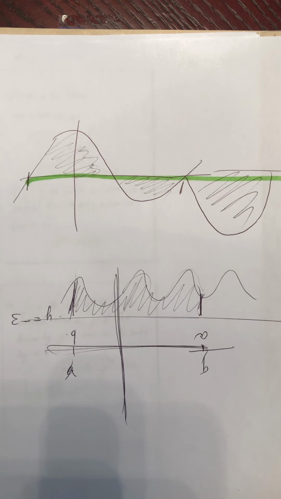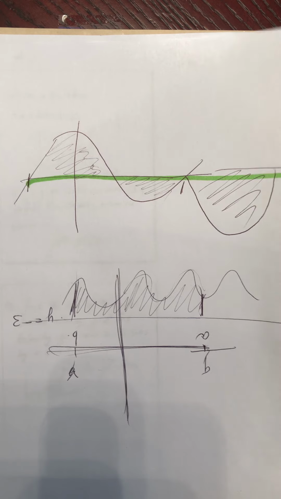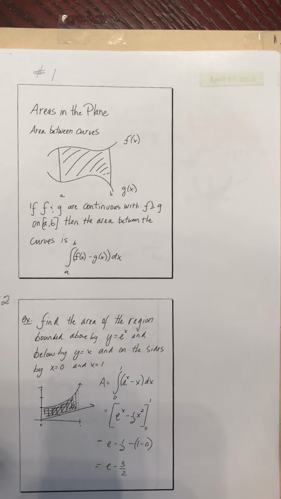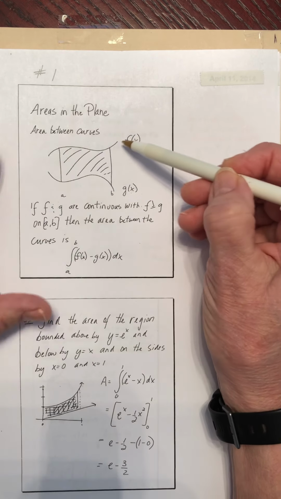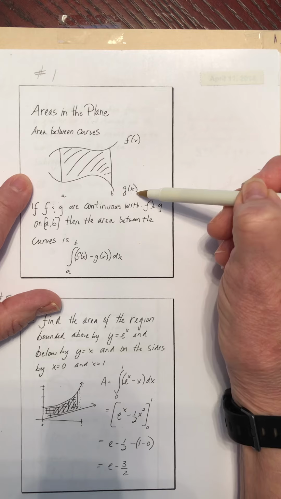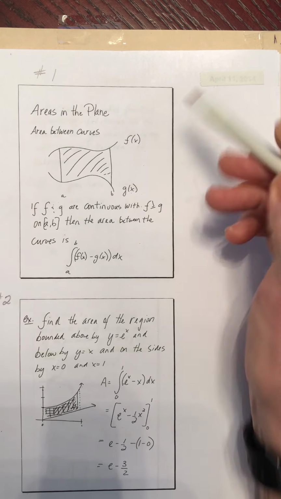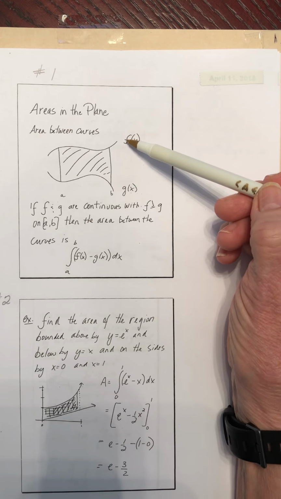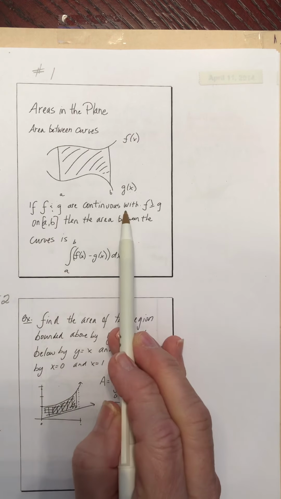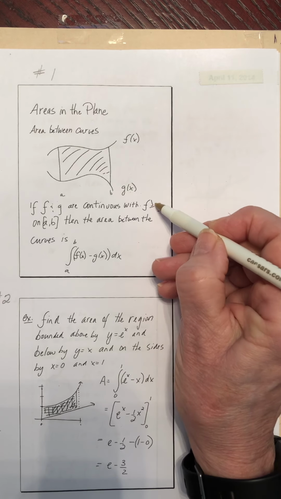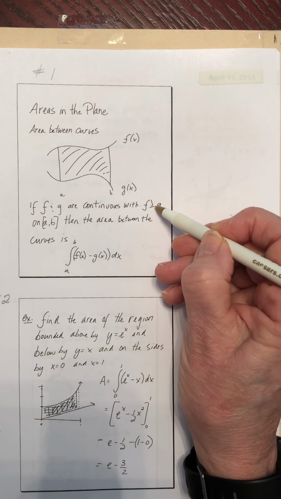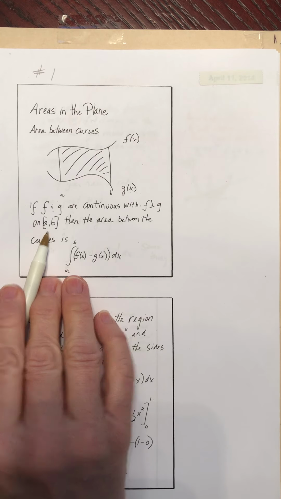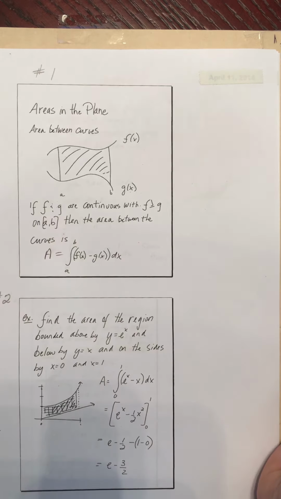So if we do that, I'm safe. How can you be safe? It's wonderful to have a graph. Then it is looking at you in the face, which is the higher function and which is the lower. So when I have a look at this scenario, here's the top function, continuous function called f of x. There's a lower function called g of x. I really don't care if this is sitting above or below the x-axis, but I can see f is higher. So if f and g are continuous with f greater than or equal to g on this closed interval AB, then how am I going to find the area between those curves?